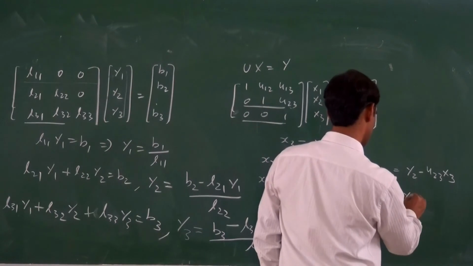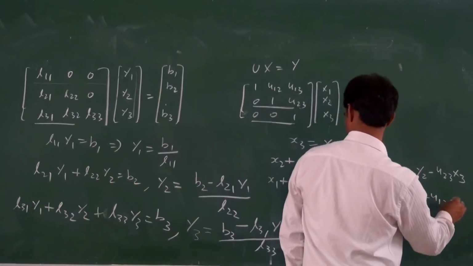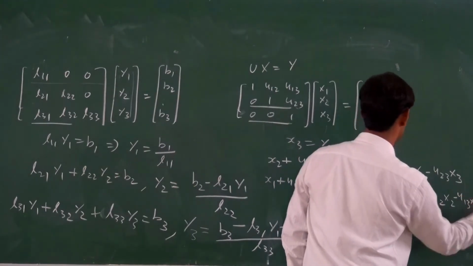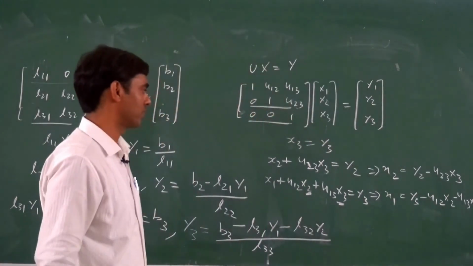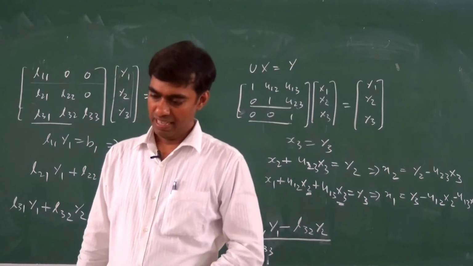X1 equals Y3 minus U12 X2 minus U13 X3. So now we find the values of X3, X2 and X1, which is the desired solution.